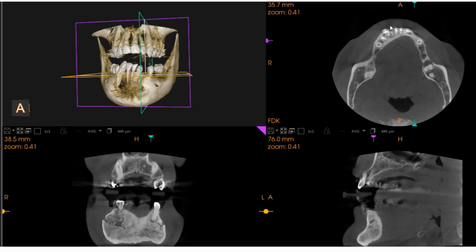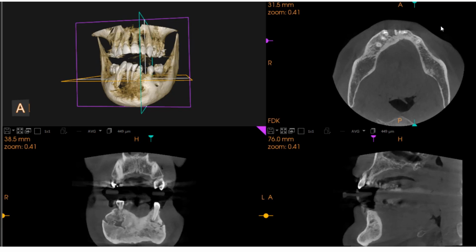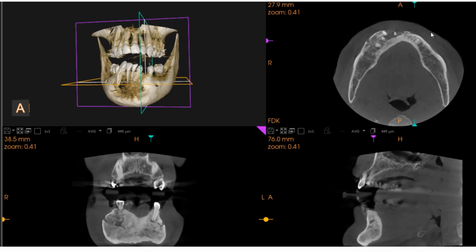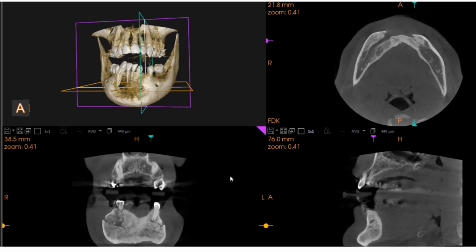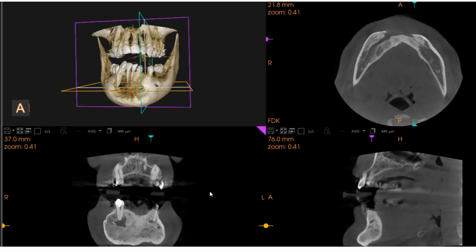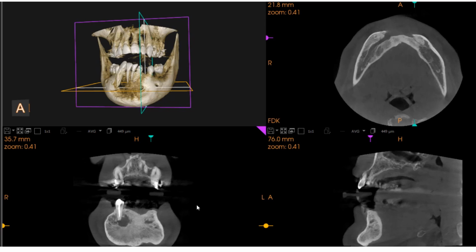Of course, there's good healing, but it needed more surgical intervention, maybe bone grafting. So after the healing after endodontic treatment, I sent the patient back to the surgeon for consultation.